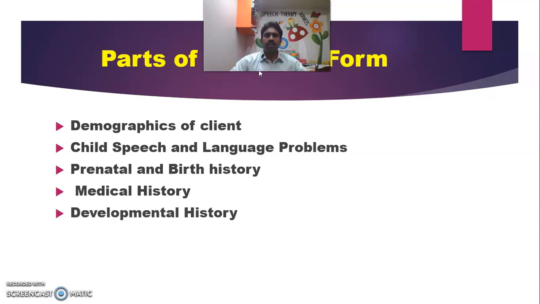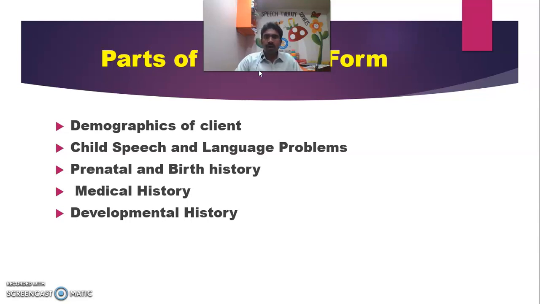After that, you explore the developmental history from caregivers and parents, about his milestones like walking, neck holding, crawling. Did he reach all these in time or not? These are important in the case history form because they give you an idea for the case formulation, and when you are applying different checklists or tests to assess them, they will be helpful.